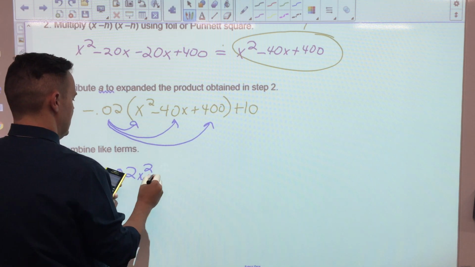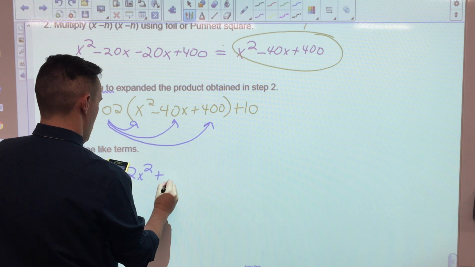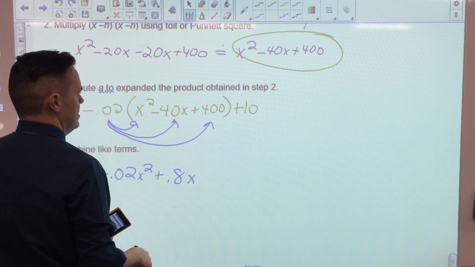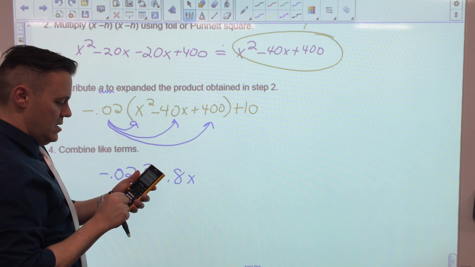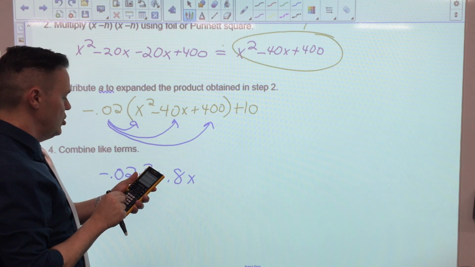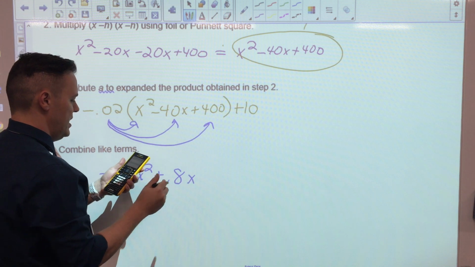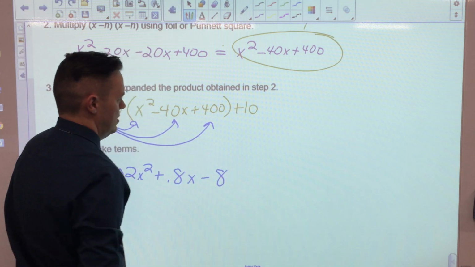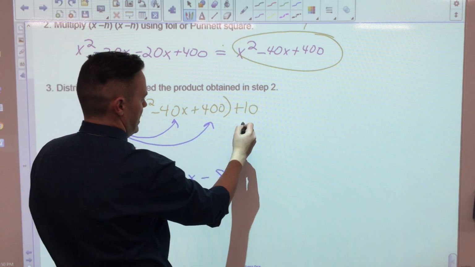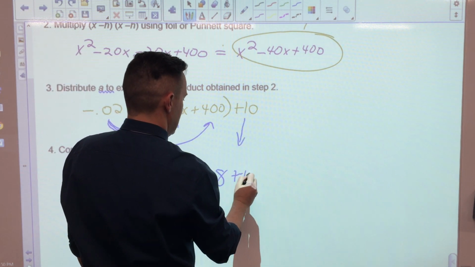My answer is nice and easy, plus 0.8x. Now, do the same thing here. So it'll be 400 times negative 0.02, and that comes out to be, ooh, nice, negative 8. All right, so negative 8, and then I drop that down, plus 10.